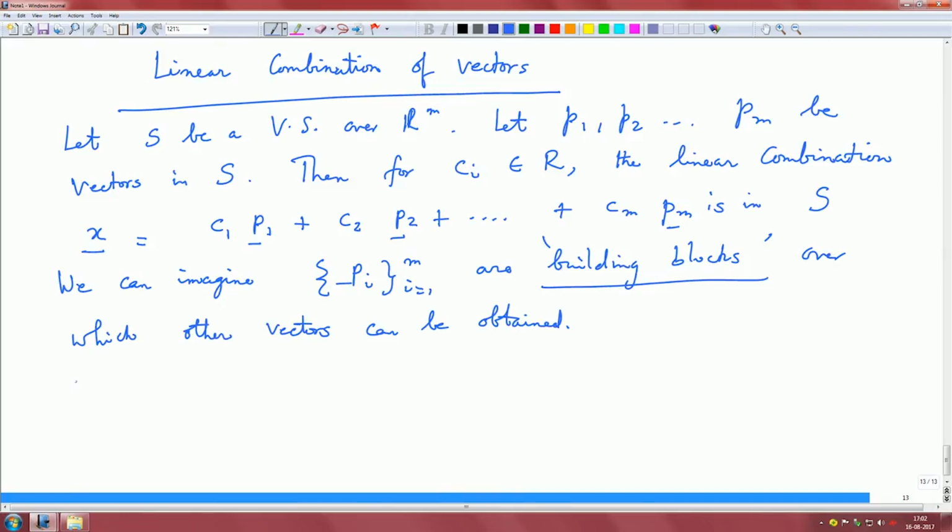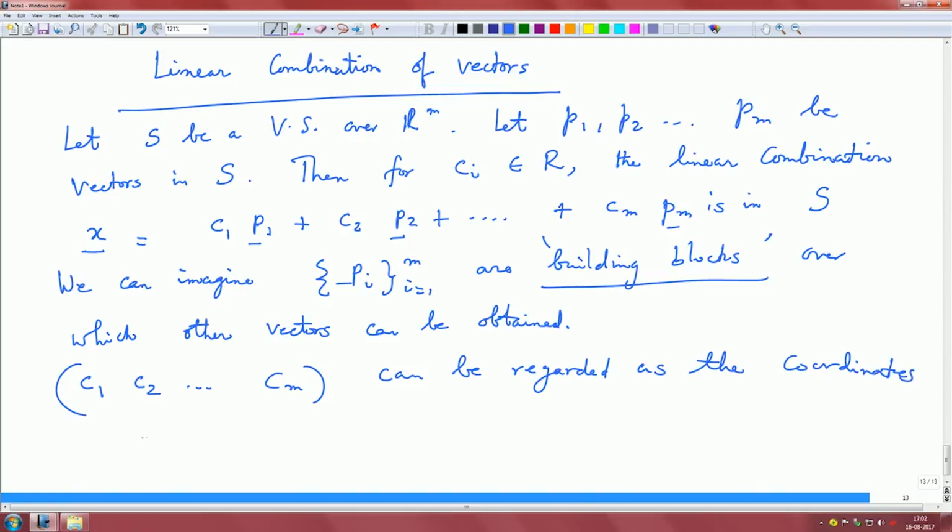And basically your C1, C2 so on till Cm can be regarded as the coordinates for X over this set.